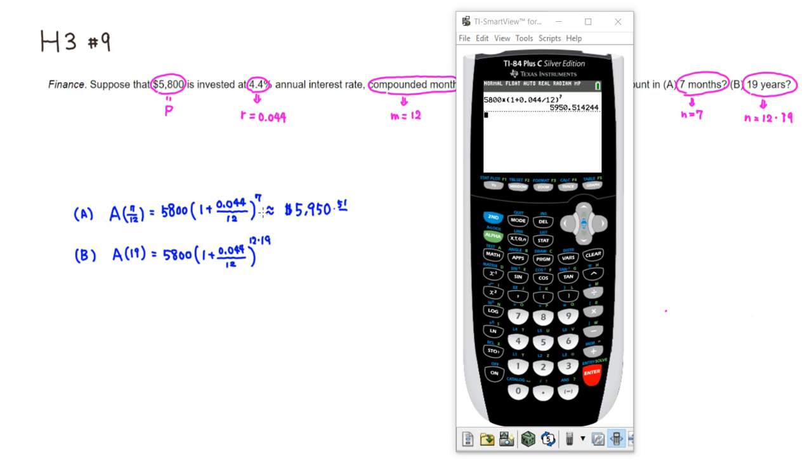So we have 5,800 times 1 plus 0.044 divided by 12, and raise it to the 12 times 19, and hit enter.